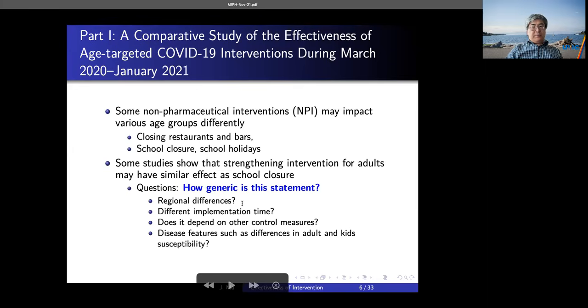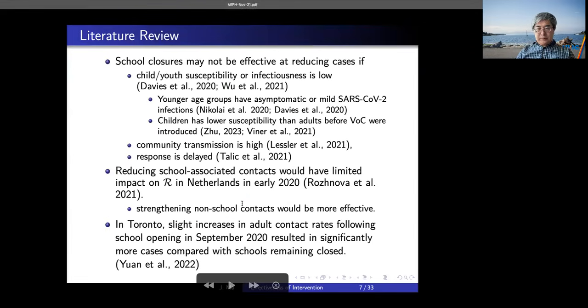Is it general for all regions, or does it depend on different implementation times? Does it depend on other control measures, or does it depend on whether kids and adults have the same or different susceptibility, etc.? So these are the questions that we mostly want to answer in the first part of this talk.